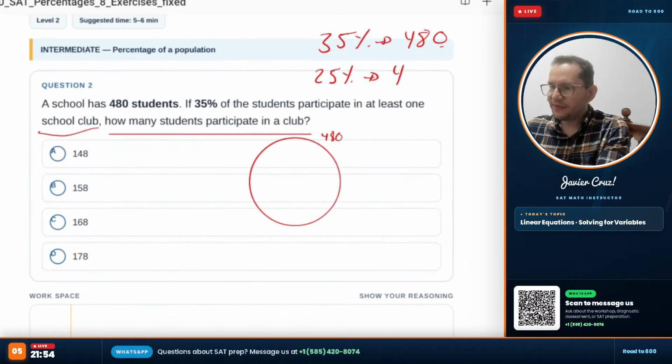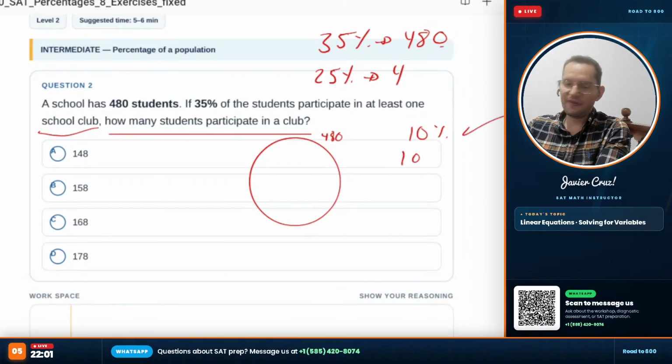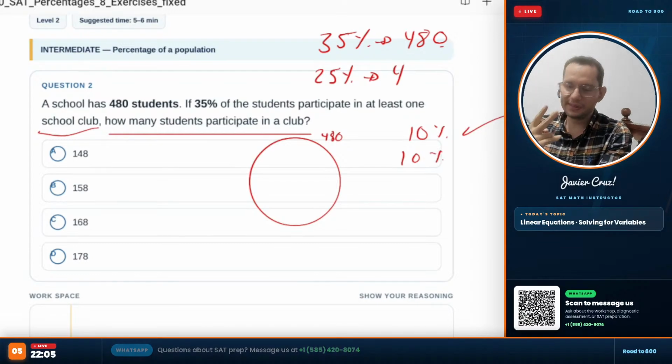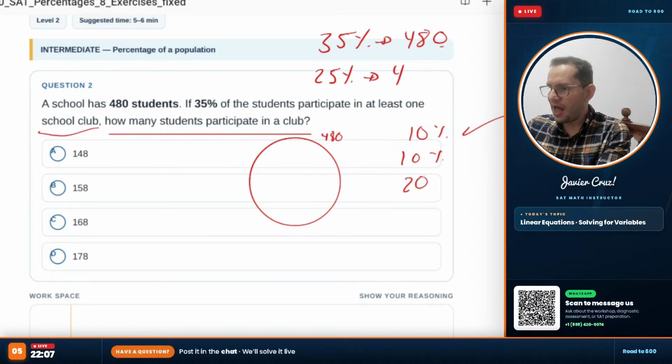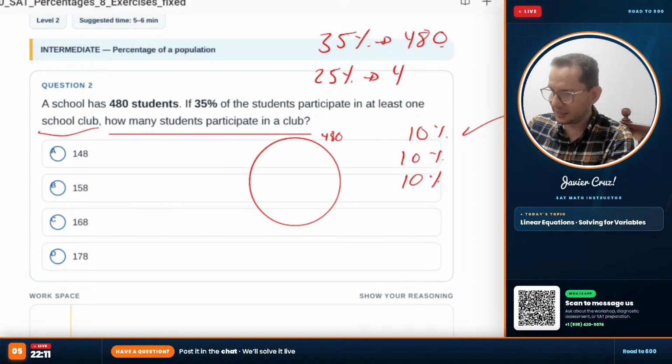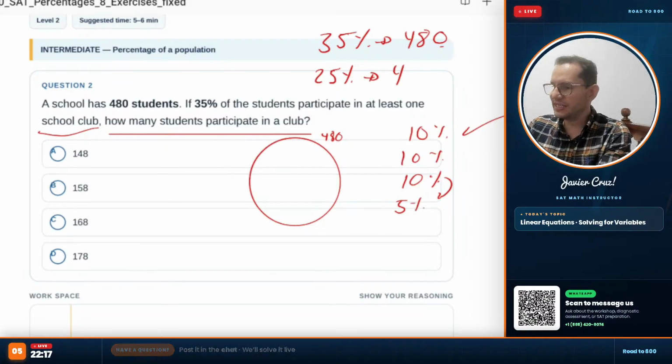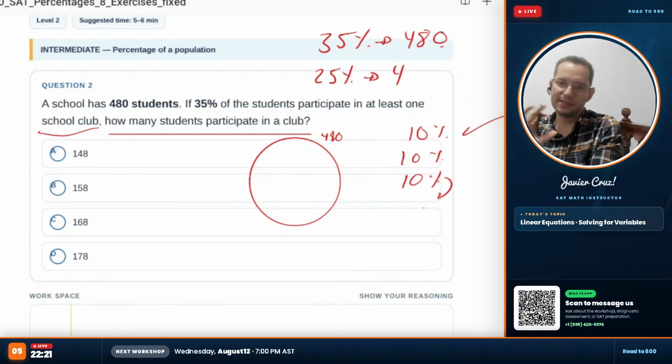It begins by finding the 10%. Why the 10%? Because if I find the 10%, then I find 10 more. So then I have 20%, right? And then I have 10 more, and then I have 30%, almost 35. And then I find the 5%. How do we find the 5%? It is the half of 10%. It is the half of the value that we find for the 10%.